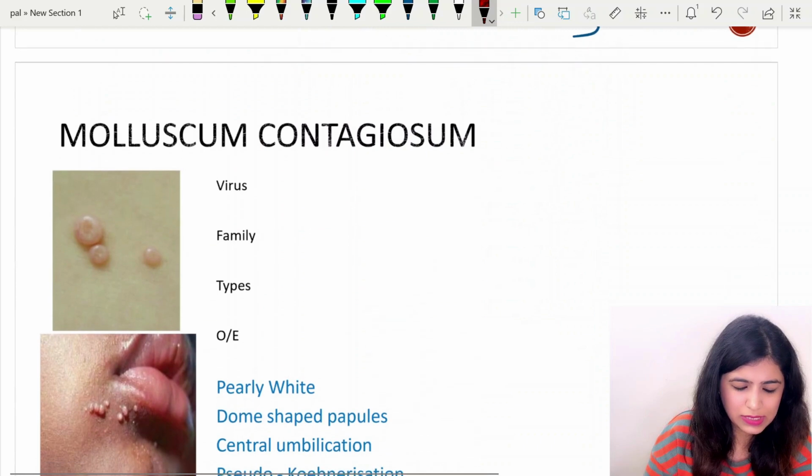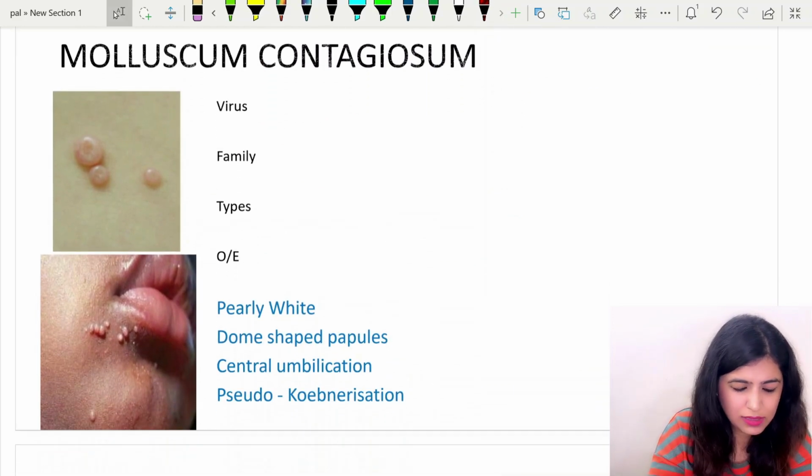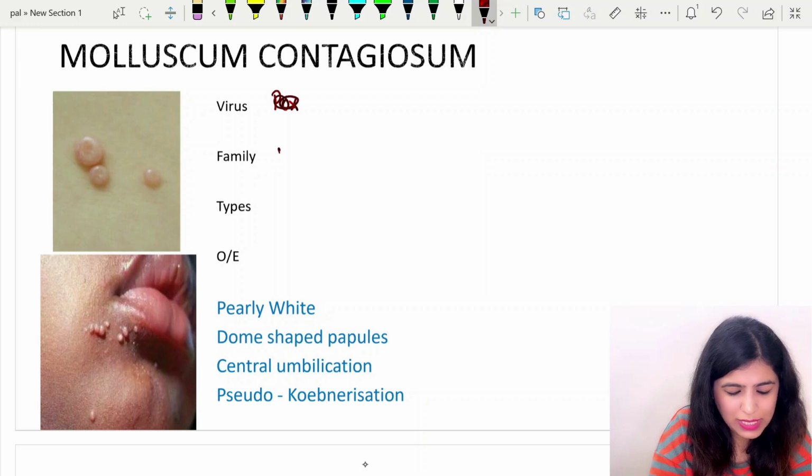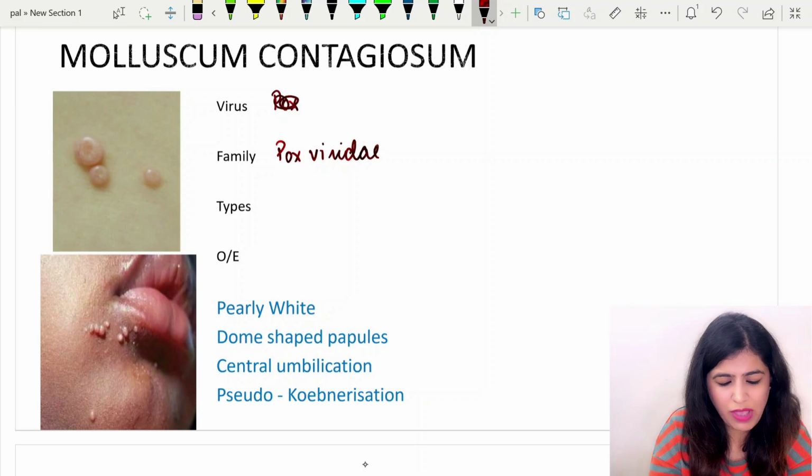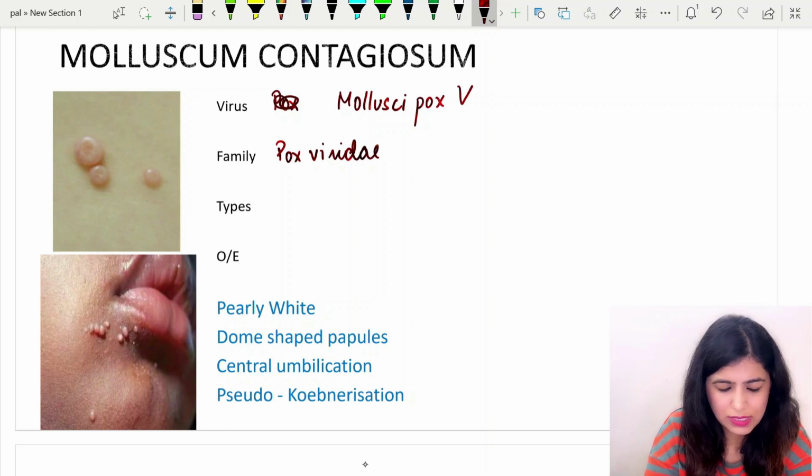So let us discuss molluscum in a little detail. It is caused by a virus which belongs to the family Poxviridae. The name of the virus is molluscum contagiosum virus. It is of 2 types, MCV 1 and 2.